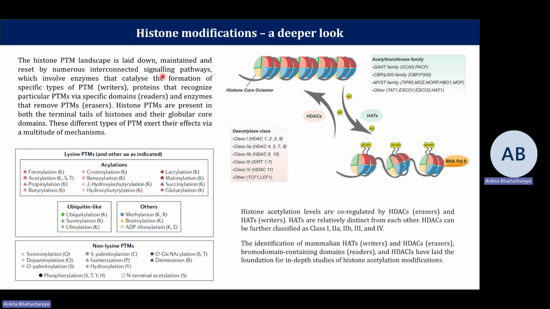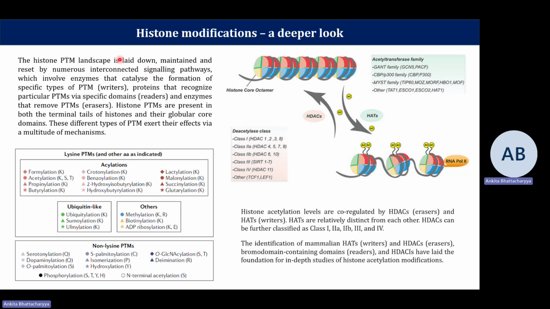Next, the control of epigenetic changes is very largely modulated by a group of enzymes that are commonly referred to as epigenetic modifiers, but they can be further segregated into their subtypes based on what activity they actually carry out.